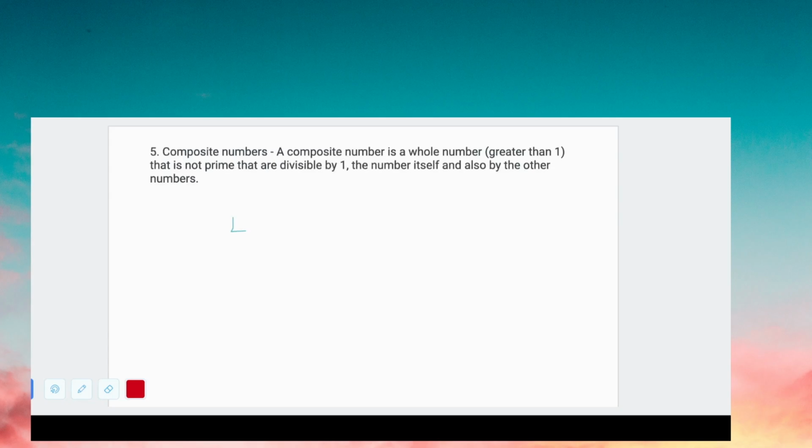For example, 4 can be divided by 1, by 2, and by 4. So a composite number can be divisible by 1, by itself, and also by any other numbers.